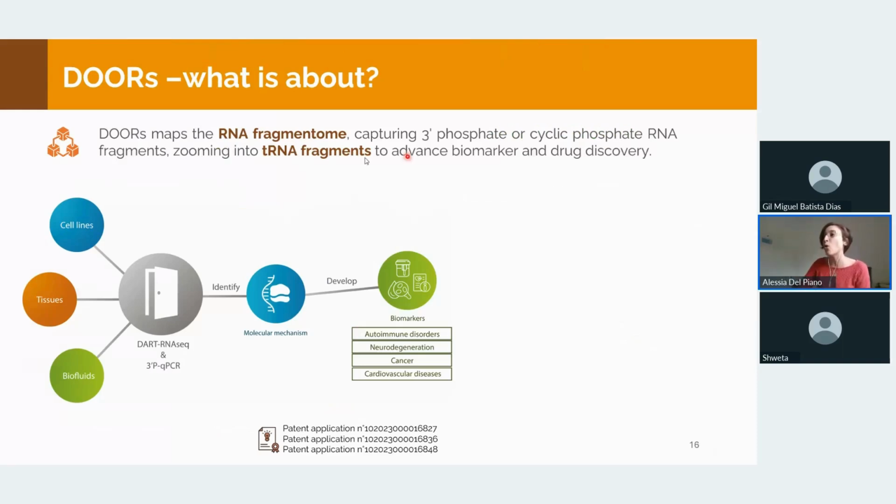DORS maps the whole RNA fragmentome, capturing only the 3' phospho RNA fragments with a zoom on tRNA fragments. It is based on two main proprietary Immagina technologies, the tRNA-seq for the omic profile and the 3qPCR for a high throughput screening approach. And these two wet lab approaches are complemented with the BioIT pipeline called PROC, which allows for the identification of specific hits.